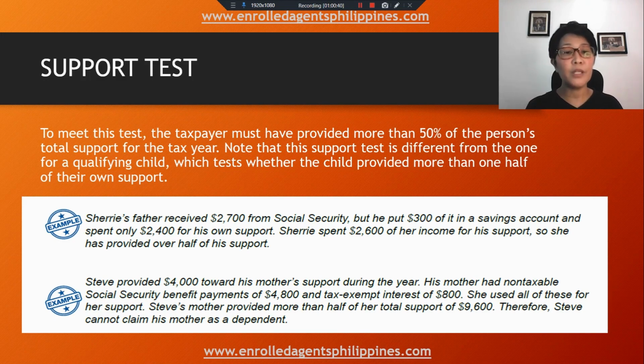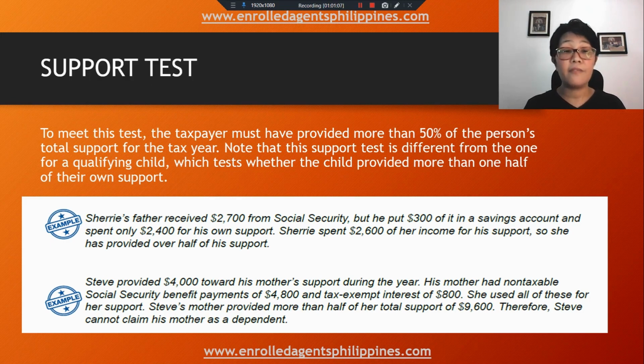Okay? Example number two. Steve provided $4,000 toward his mother's support during the year. His mother had non-taxable Social Security benefit payments of $4,800 and tax-exempt interest of $800. She used all of this for her support. Steve's mother provided more than half of her total support of $9,600.